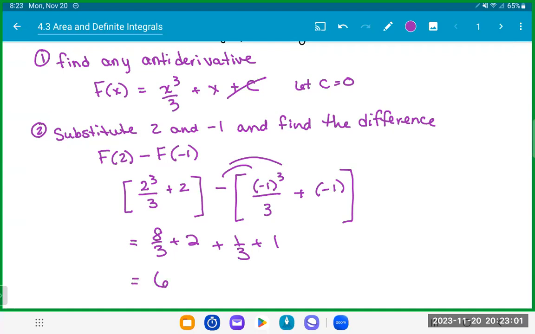So we have 8/3 plus 6/3 plus 1/3 plus 3/3. That's going to give me 18/3, which is 6, okay? So the area under this curve of y equals x squared plus 1 would be 6 units, okay?